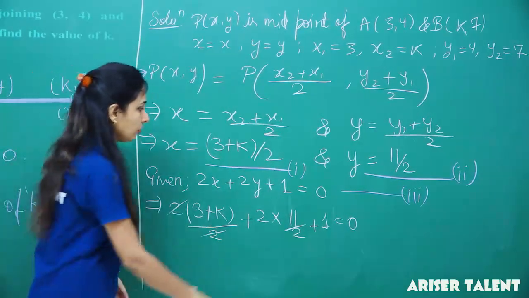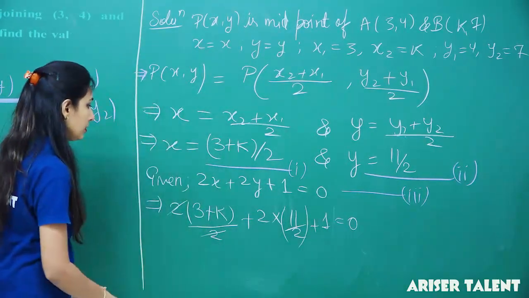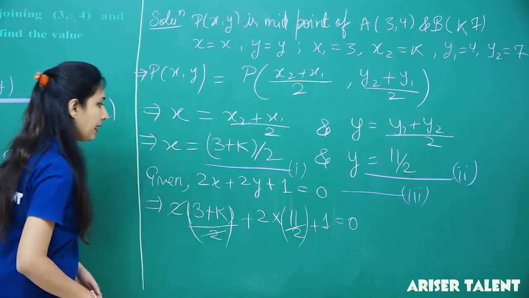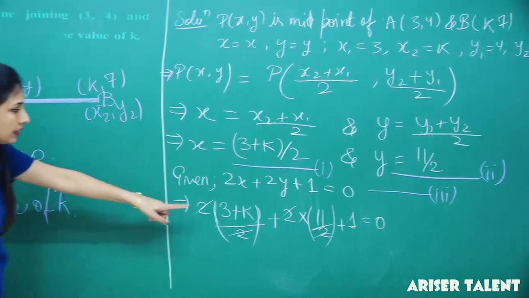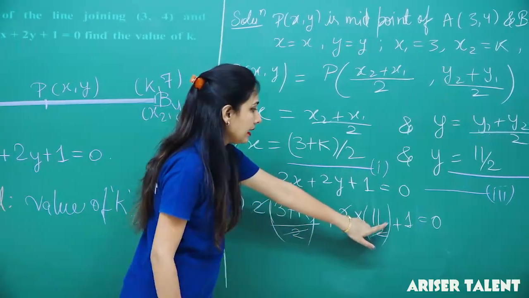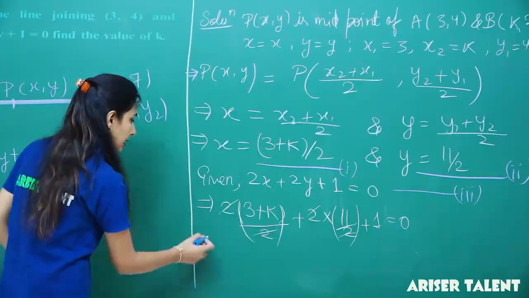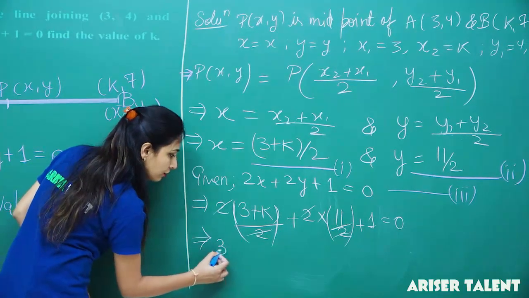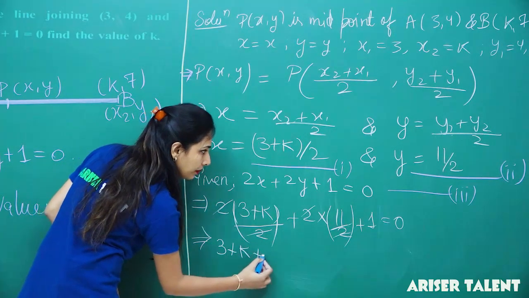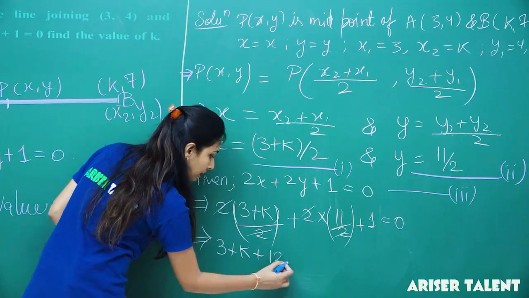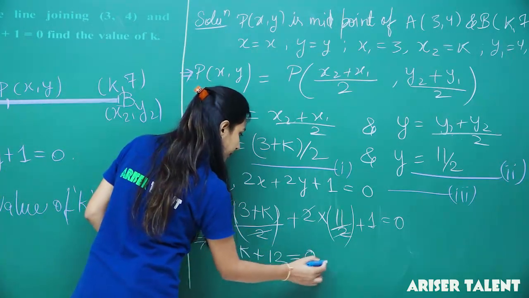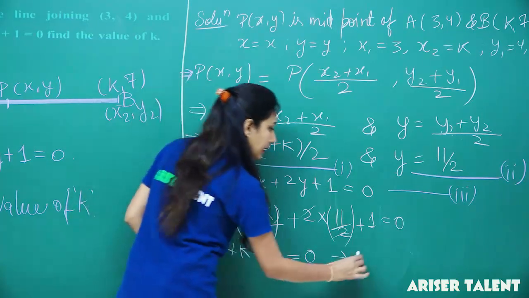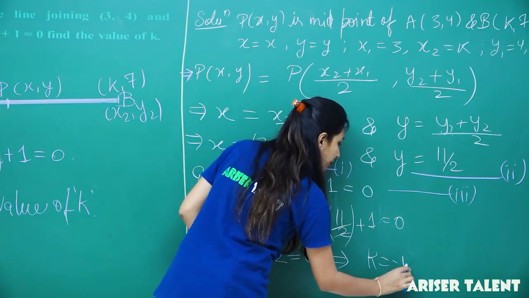So I have just put the values here of x and y. Now the 2 will be cut here. So that is 3 + k + 11 + 1 = 0. So this implies 3 + k + 12 = 0, so 12 plus 3 is 15, which implies that k equals minus 15.